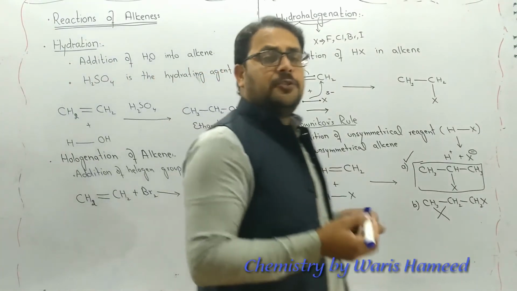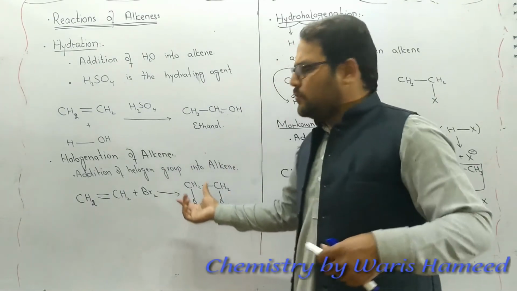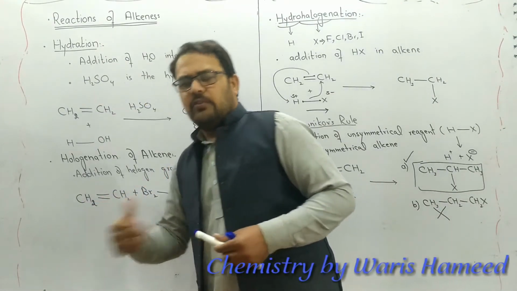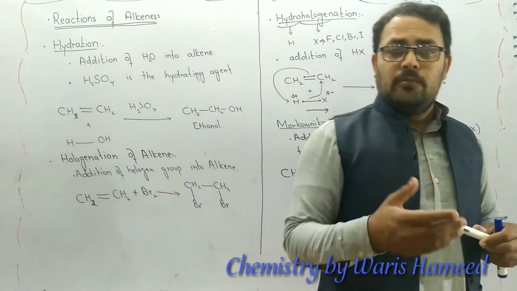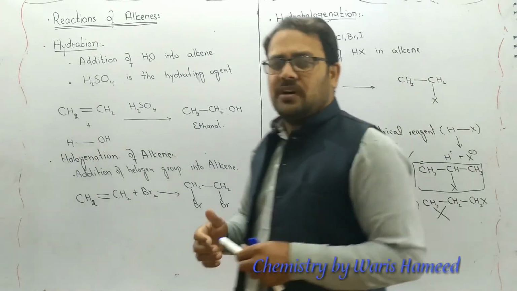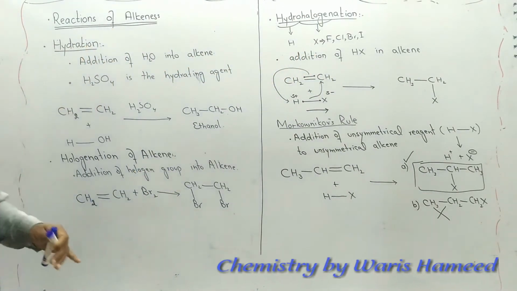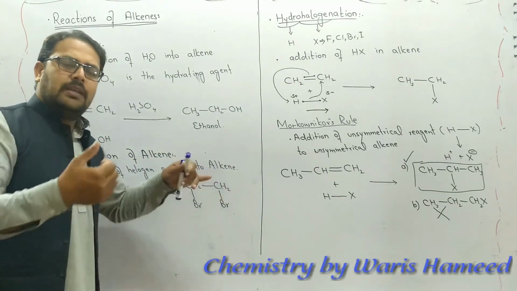Bromine has a reddish brown color, and when this bromine reacts with ethene, it will form dibromoethane, and the color of bromine will discharge. This reaction is also used to test for the presence of alkene in any mixture.